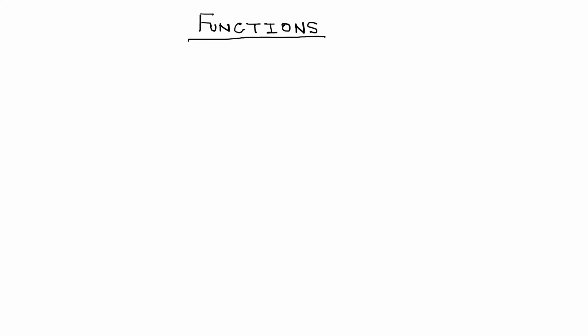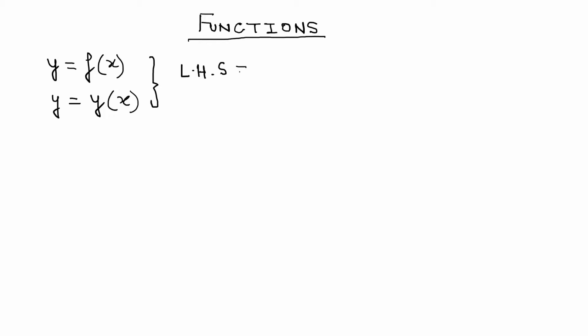Okay, so the very first thing that we need to discuss here is, if I write y is equal to f(x), or I write y is equal to y of x, the point that you need to understand here is, in both these representations, there is a left hand side to it, and then as a result of left hand side and the equal to side, there would be the equal to sign, there would be a right hand side to it.